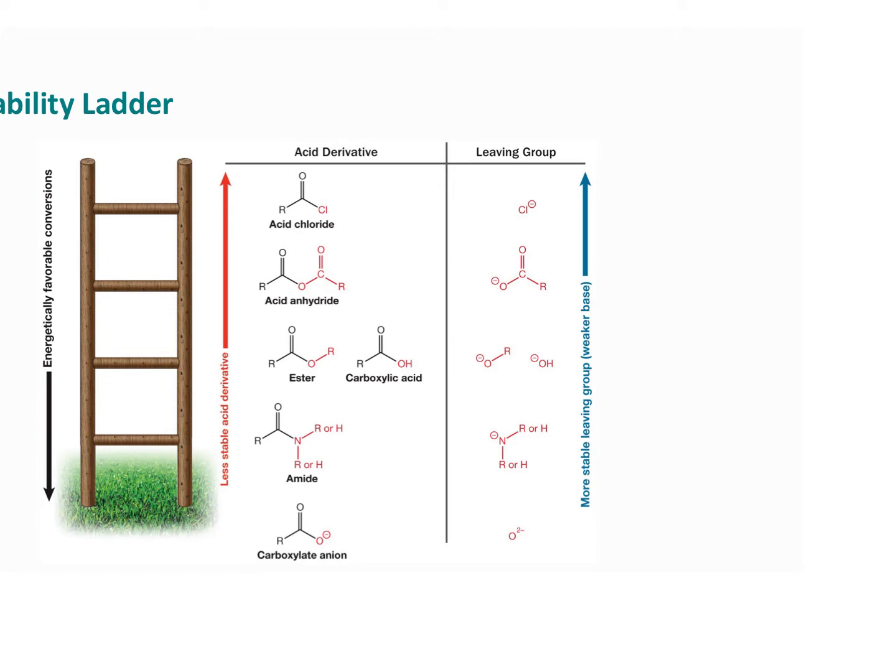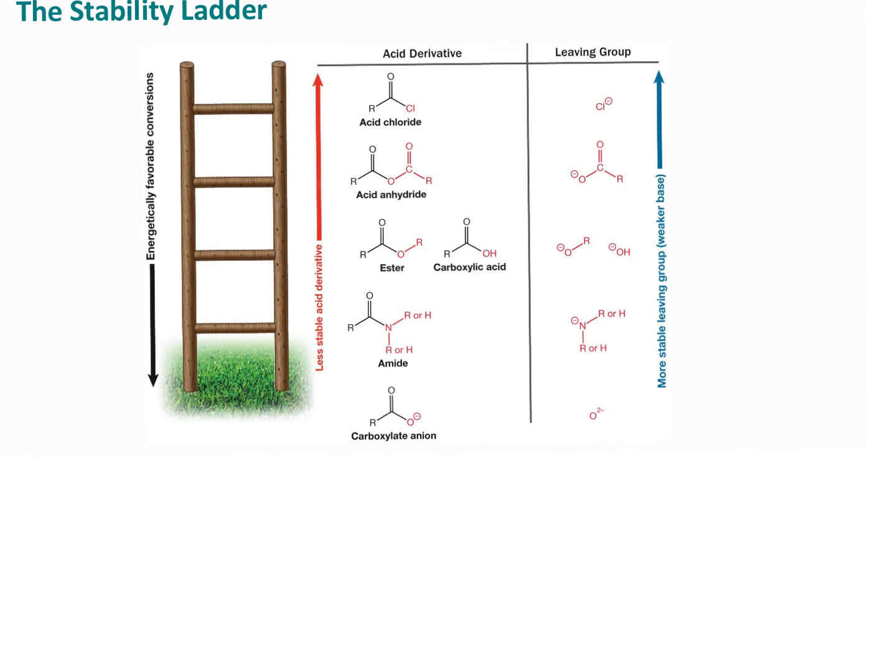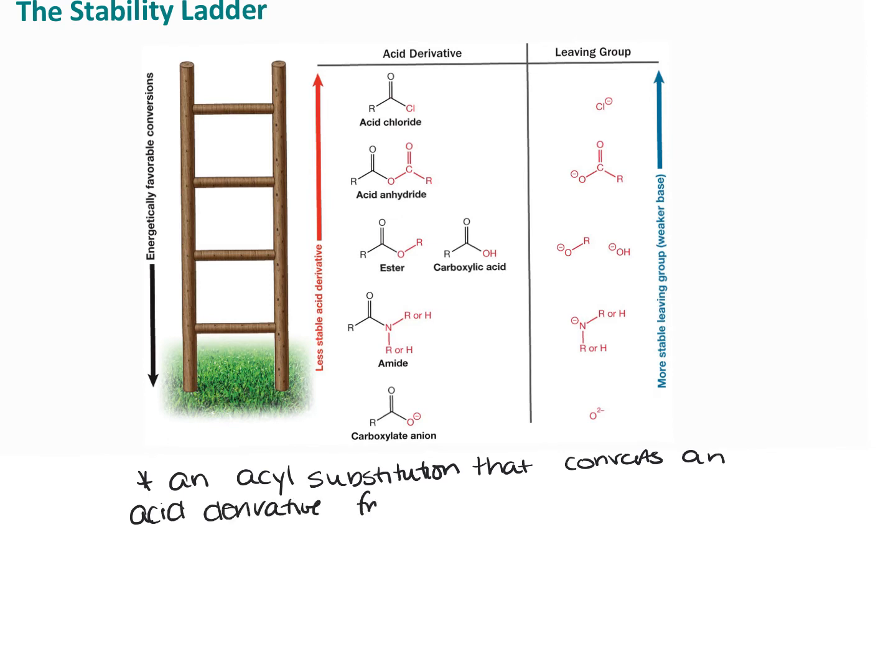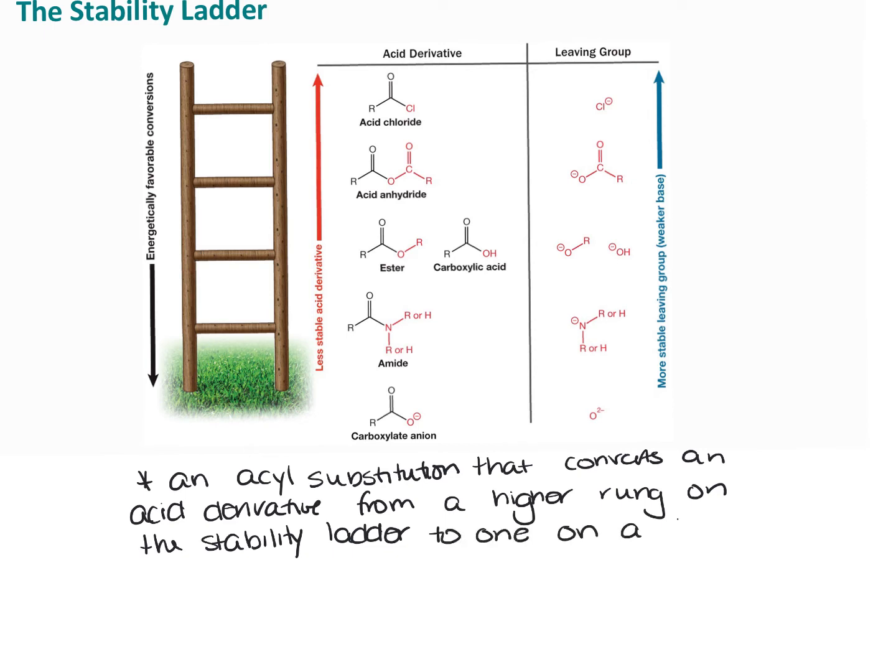So we can kind of sum this up by saying an acyl substitution that converts an acid derivative from a higher rung on the stability ladder to one on a lower rung is energetically favorable, right?